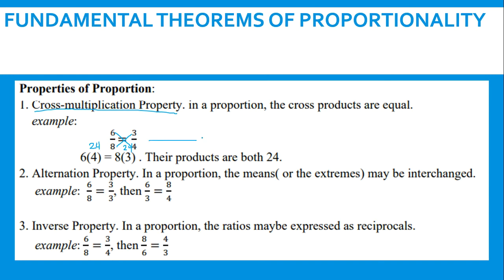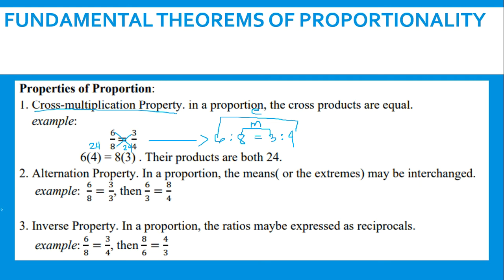If you're going to change that one to column form, that is 6 is to 8 in column form, then equals 3 is to 4. So balik ta sa means or extremes. So kanang 8 og 3 mao na ang means, ang 6 og 4 mao na ang extremes. Okay? Sige. Balik na ta diri sa alternation property.